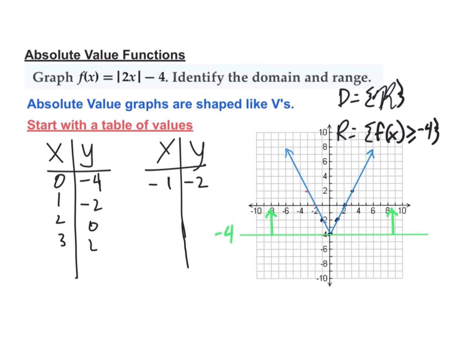Question? I get the range, but for the domain, can you explain that again? Sure. There's nothing stopping this graph from moving right forever, and there's nothing stopping this graph from moving left forever.